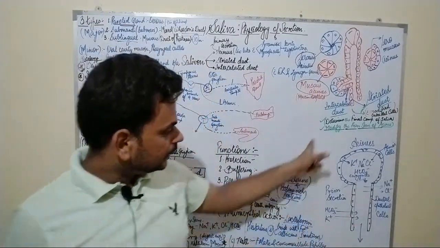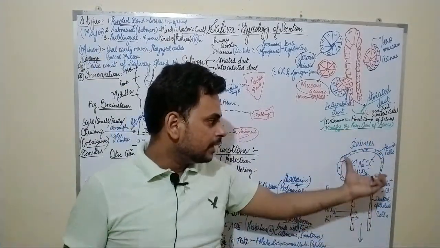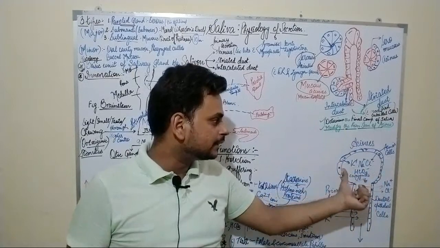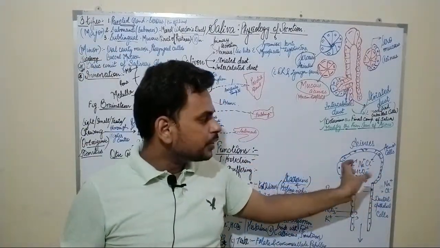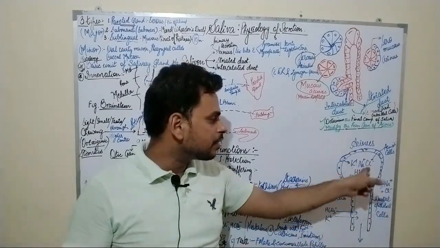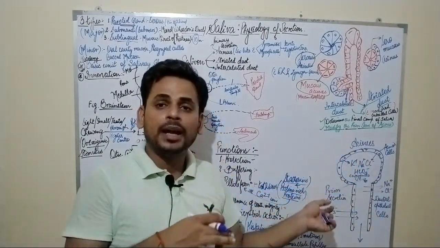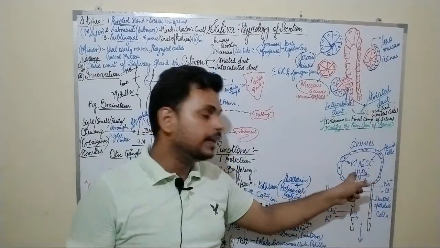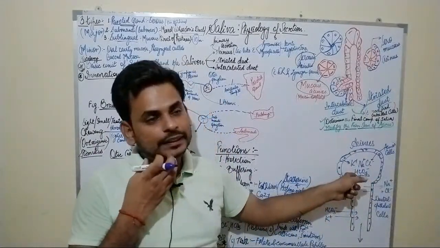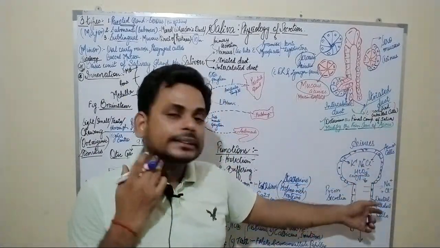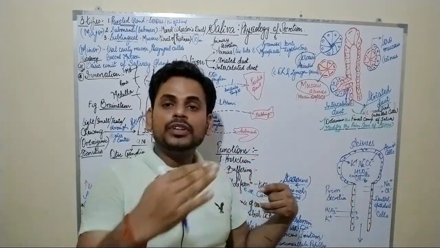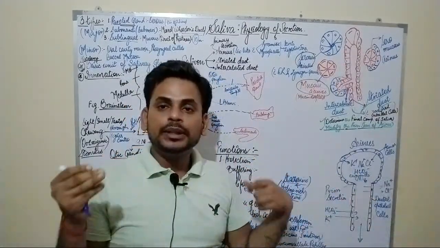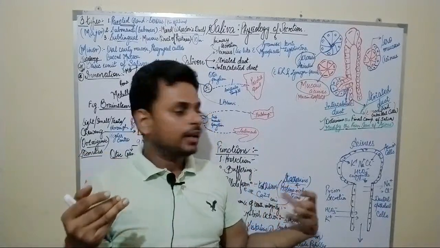So this is the schematic diagram I have drawn. This is the structure of an acinus, and initially the acinus releases sodium, potassium, chloride, bicarbonates and enzymes into the lumen of the acinus. Finally, when it passes through the ductal epithelial cells, there is an efflux of the sodium and chloride ions through the sodium chloride channels.